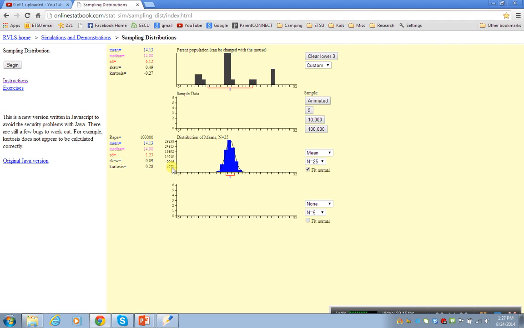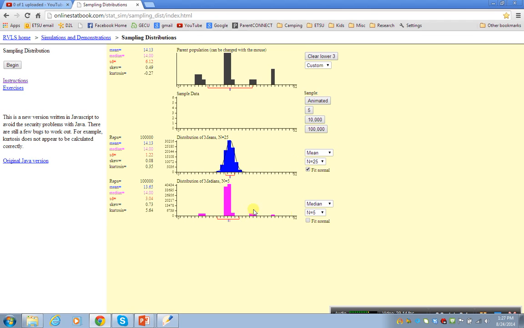So what I want you to do is after you watch this video, go to this site and play with it for yourself. Look at what the skew and kurtosis is, depending upon what number I use. And you can also do this, let's say if I take the median of a pick. Let's do this 100,000 times.